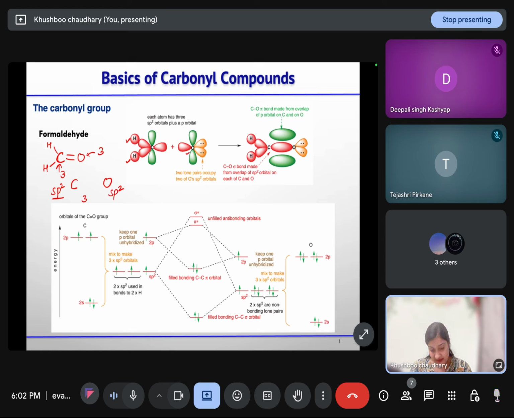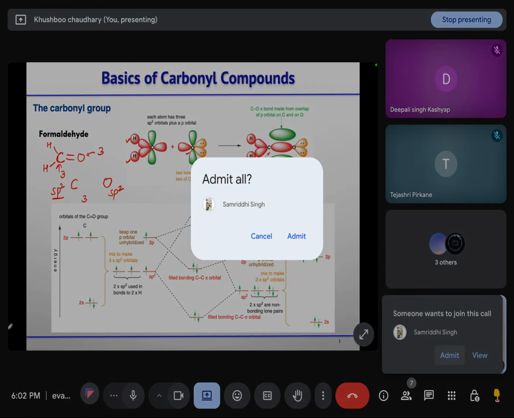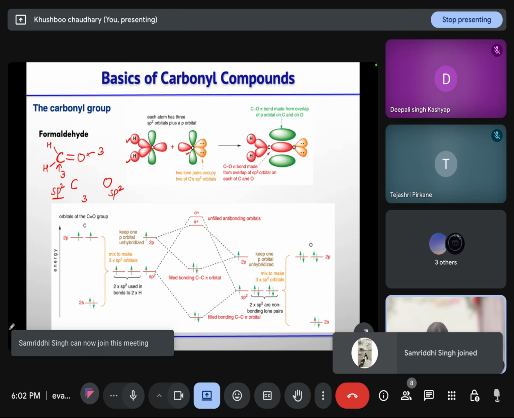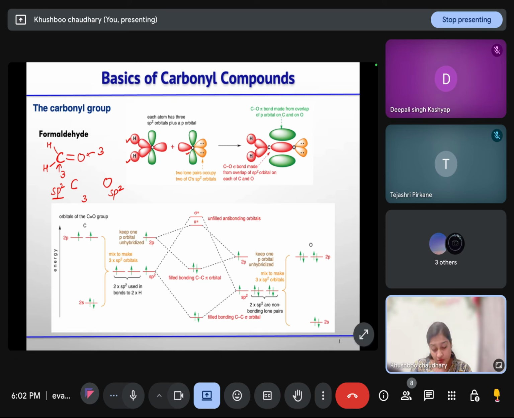In the same manner, oxygen uses one of its sp2 hybrid orbitals to form a sigma bond with carbon, and two sp2 orbitals to hold the lone pairs.